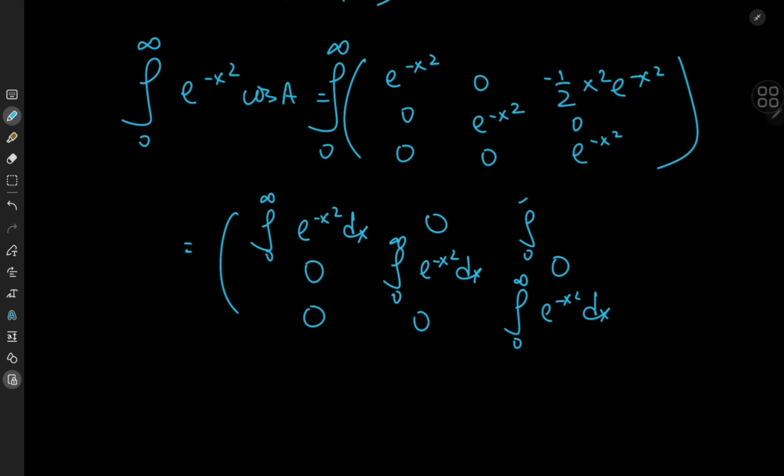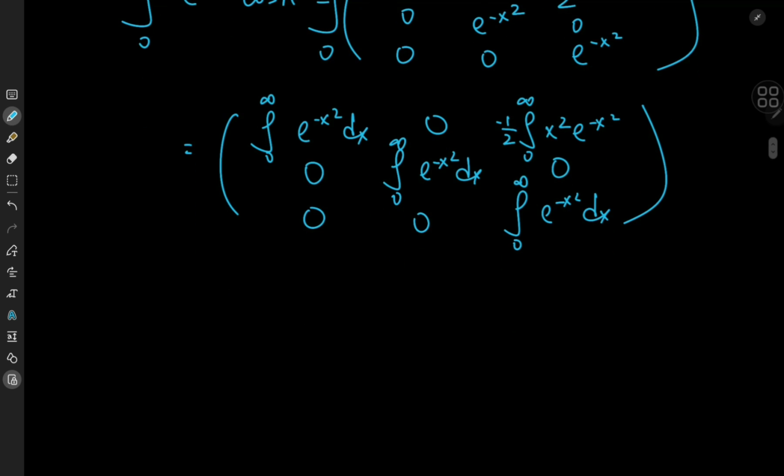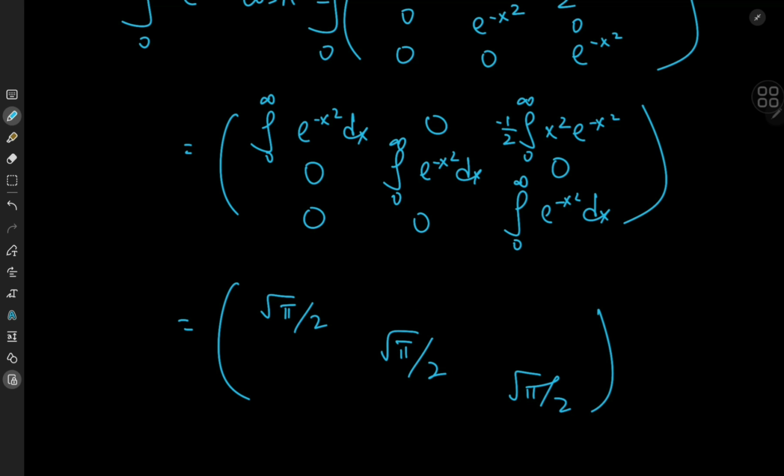And we have one more integral that's from 0 to infinity, -1/2 that integral, that is, and we have x squared times e to the negative x squared. Now for the principal diagonal, we have the beautiful Gaussian integral. So that means we have root pi by 2, root pi by 2, and root pi by 2, which looks wonderful indeed. Again, we have the zeros, and we still need to evaluate this integral here.